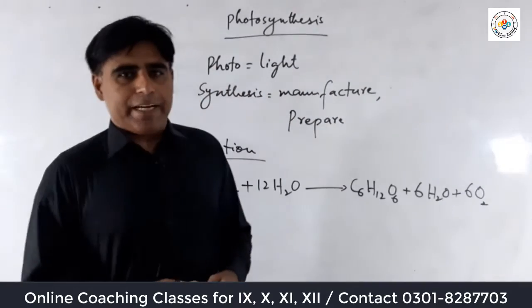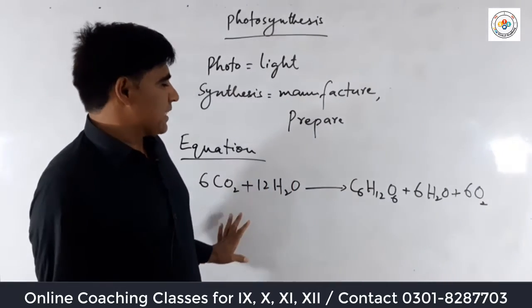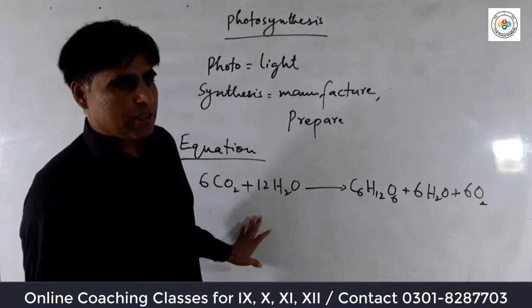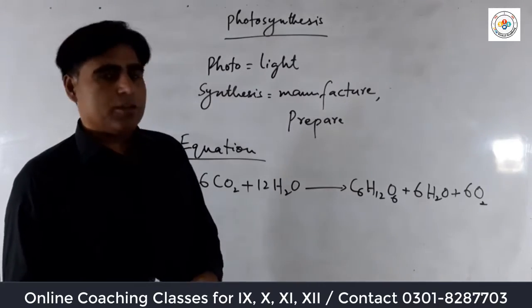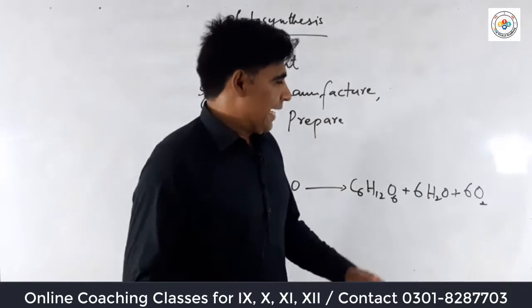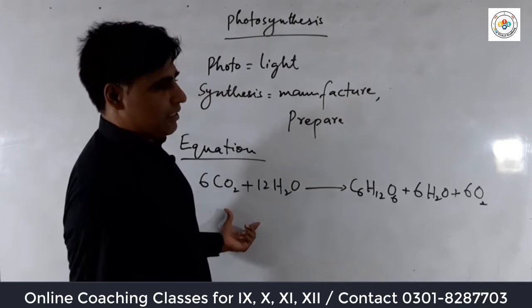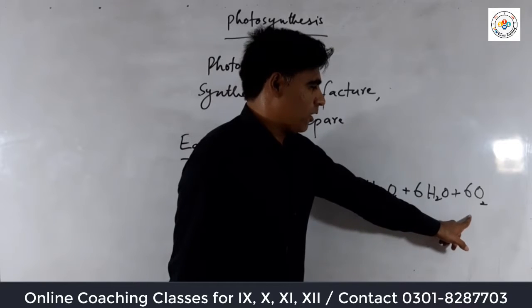In order to manufacture one molecule of glucose, 6 carbon dioxide and 12 water molecules are required by the plant. And the other products which are released during this condensation process are water molecules and oxygen molecules.